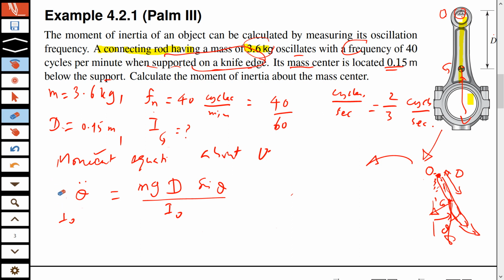I get rid of this. And if I assume that theta is small, then sine of theta will be theta, and I have mgd over I naught theta. You do need a minus sign क्योंकि थीटा काउंटर क्लॉकवाइज है और ये जो फोर्स है क्लॉकवाइज है, so you have that minus sign.